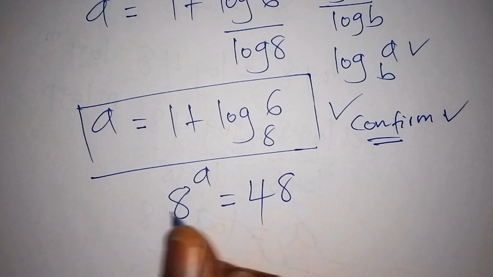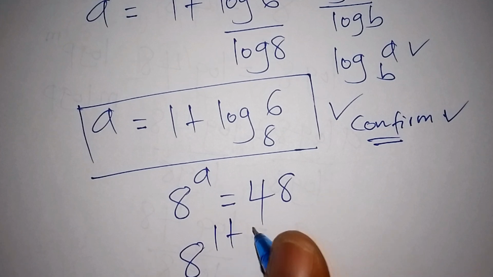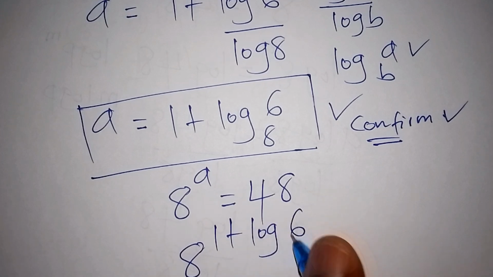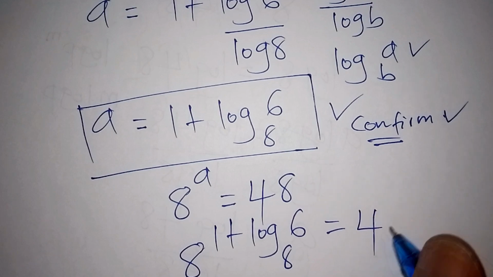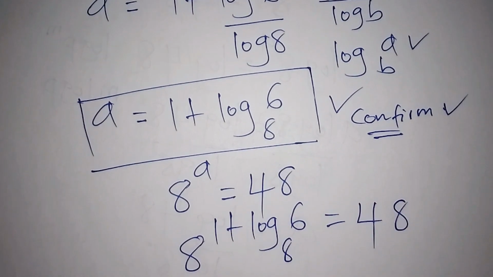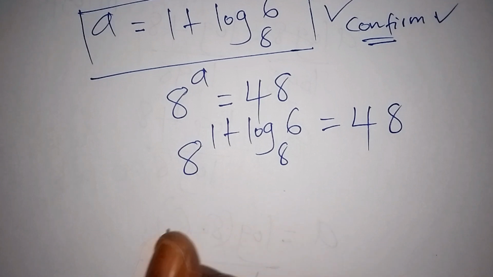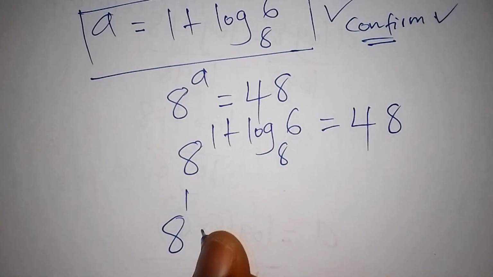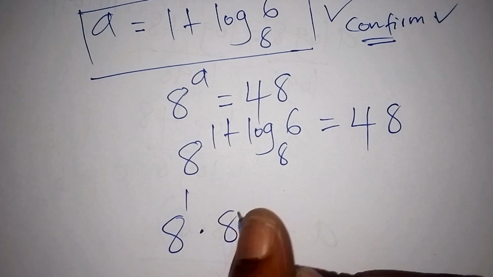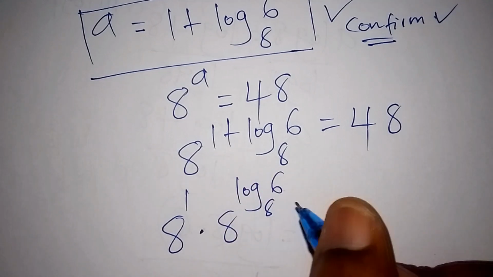Now we have 8 to the power of 1 plus the log of 6 to the base of 8 is equal to 48. This can still be written as 8 to the power of 1, then the plus changes to multiplication, 8 again to the log of 6 to the base of 8, is equal to 48.